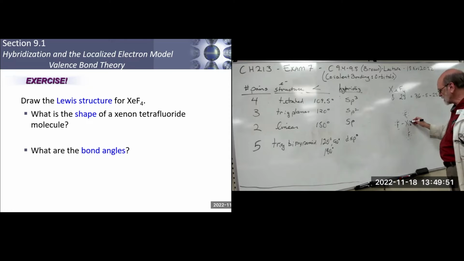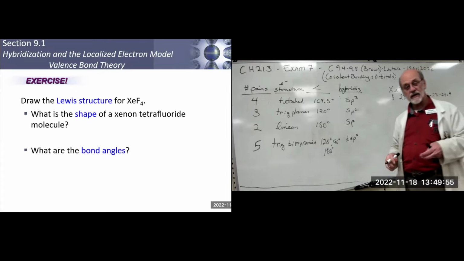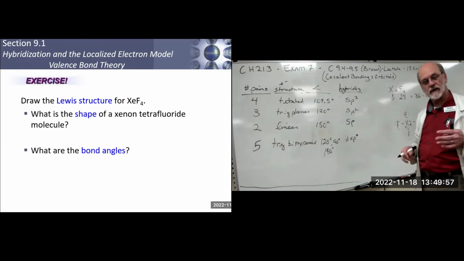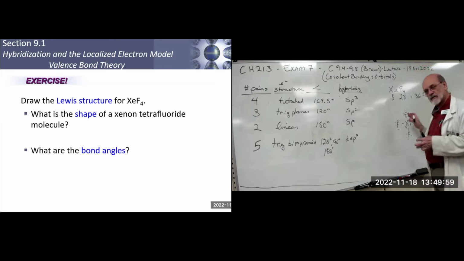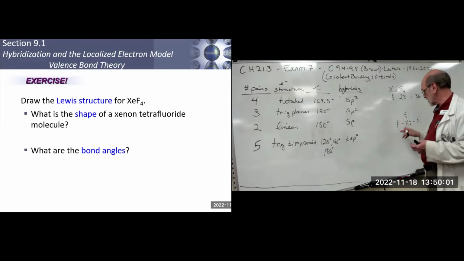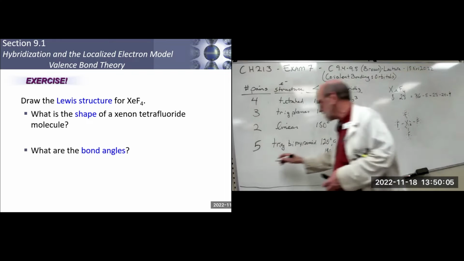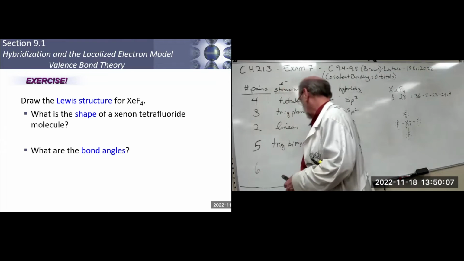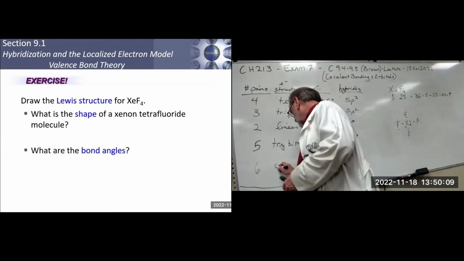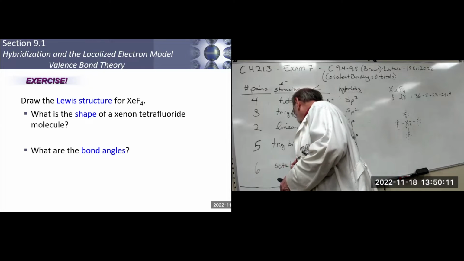The 4 electrons have to go on the xenon. So now if we're counting up groups or pairs to determine its electronic structure, we have actually 6 effective pairs, which is what? Octahedral.